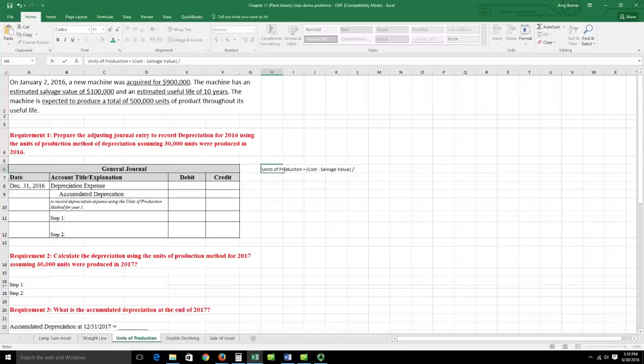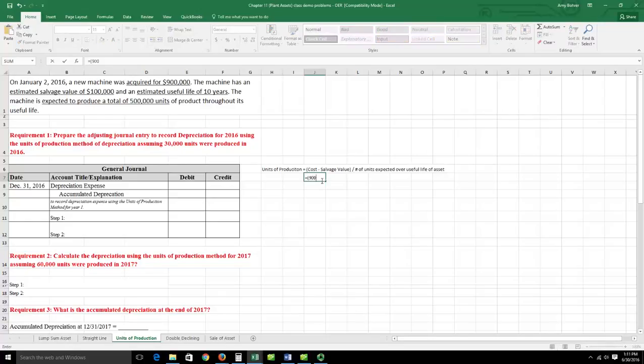That's why it's called the units of production method, because we're using units now instead of years. So number of units expected over useful life. That is the formula for the units of production method. Then we just have to plug in the numbers.